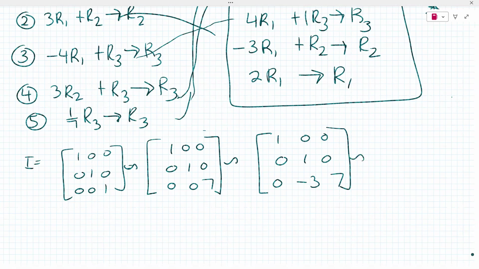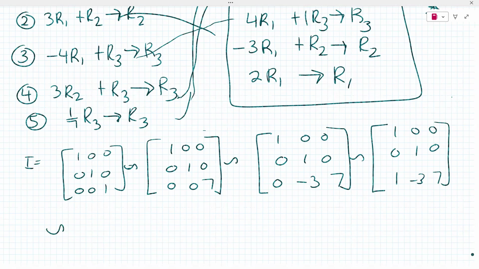The next order of operation was 4 row 1 plus row 3 gives us your new row 3. So we'll continue messing with row 3. When you do that, that gives us 1, negative 3, 7, 0, 1, 0, 1, 0, 0.